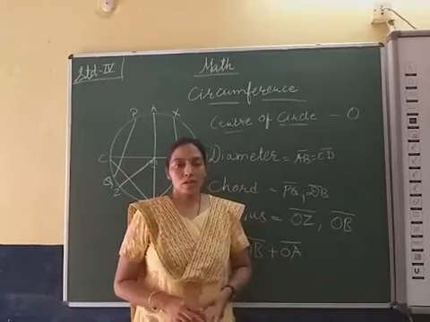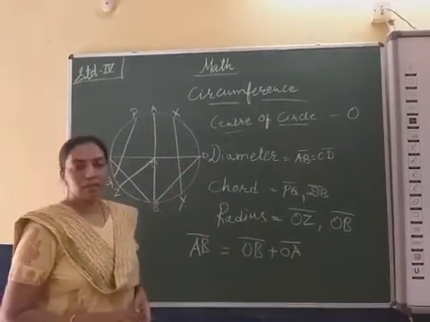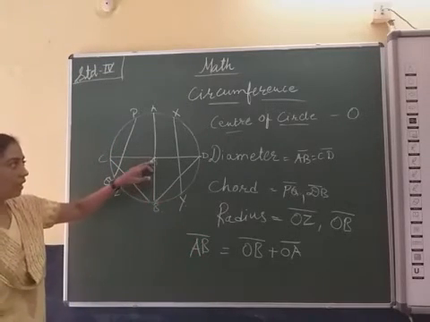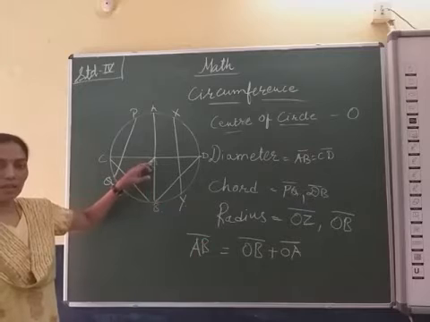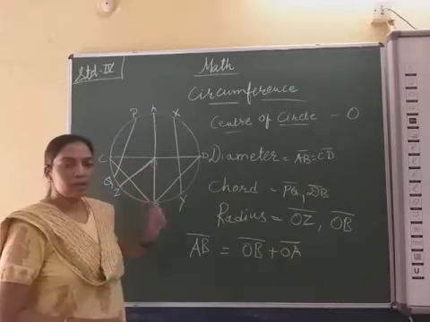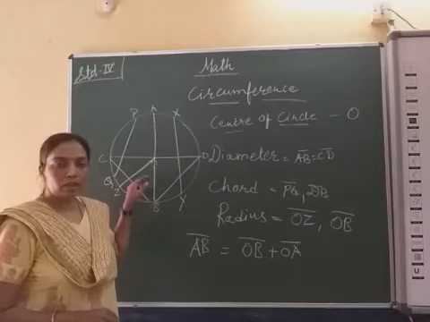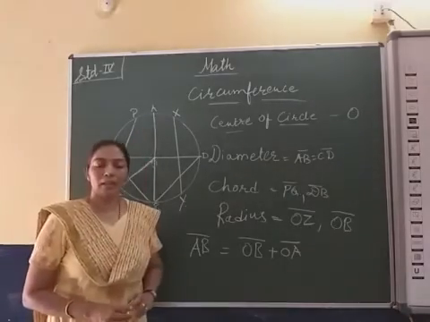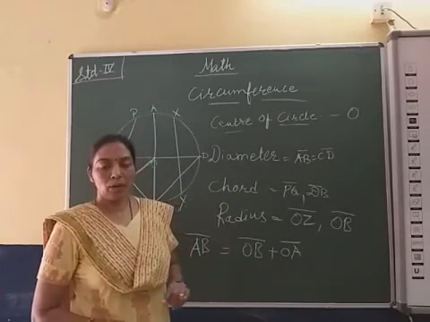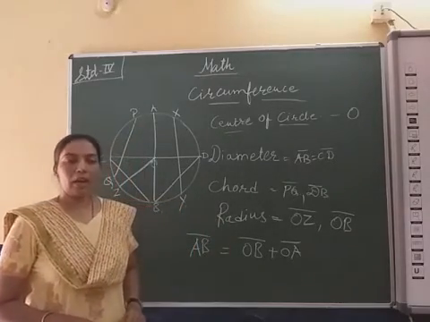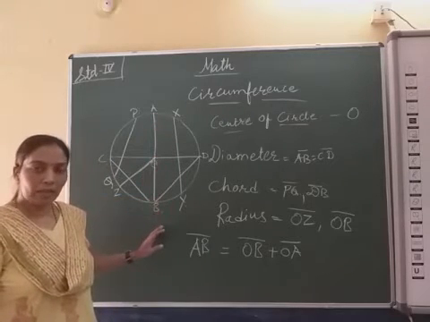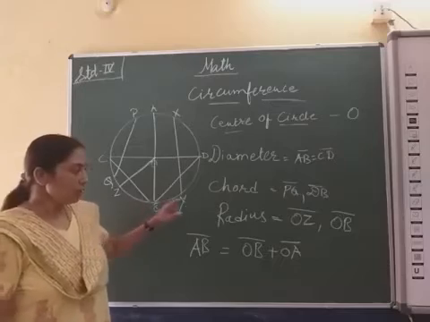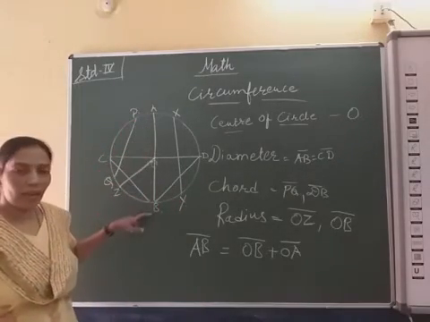So this way the circumference, that means the length of the circle, we can measure. And the other parts of the circle: the center of the circle is the point that indicates the center. Diameter means the line segment whose starting point is on the circle, passes through the center, and its ending point is also on the circle. Chord, here we represent as AB.